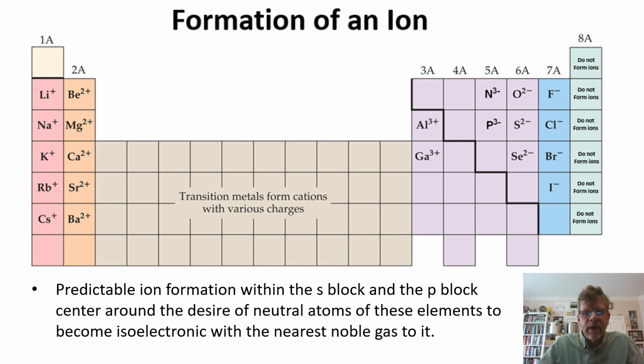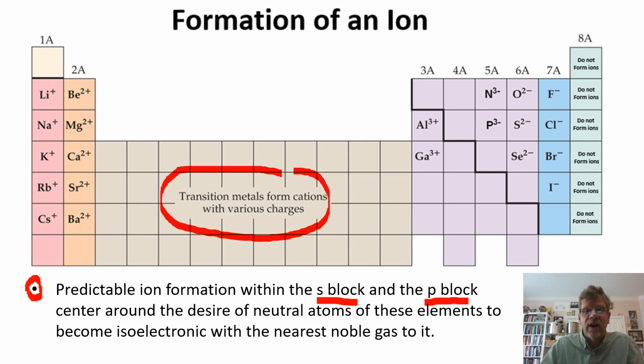So this bullet point down here begins our journey. This predictable ion formation, and remember, this is within the s block and the p block. The transition elements form various charges, meaning they're not described by our model right here. So remember, it's just the s block and the p block of the periodic table.